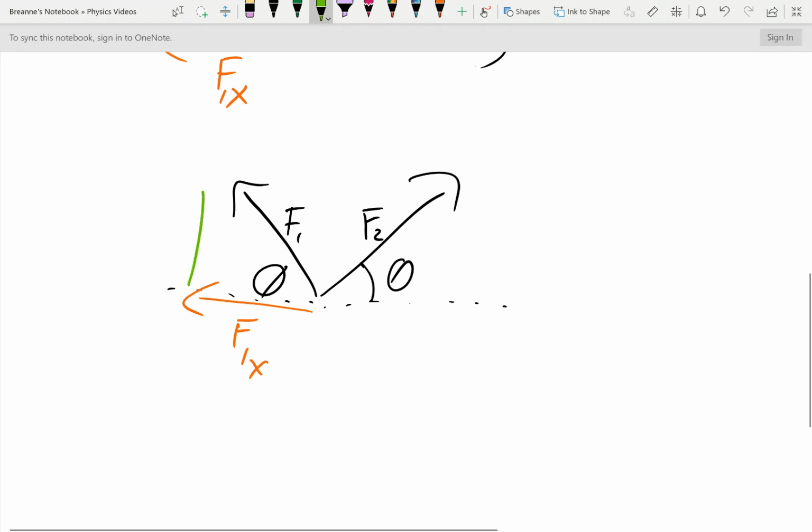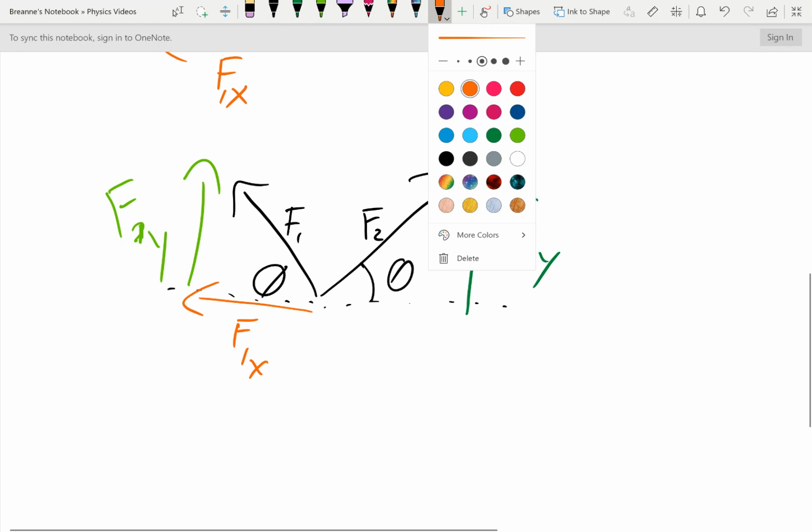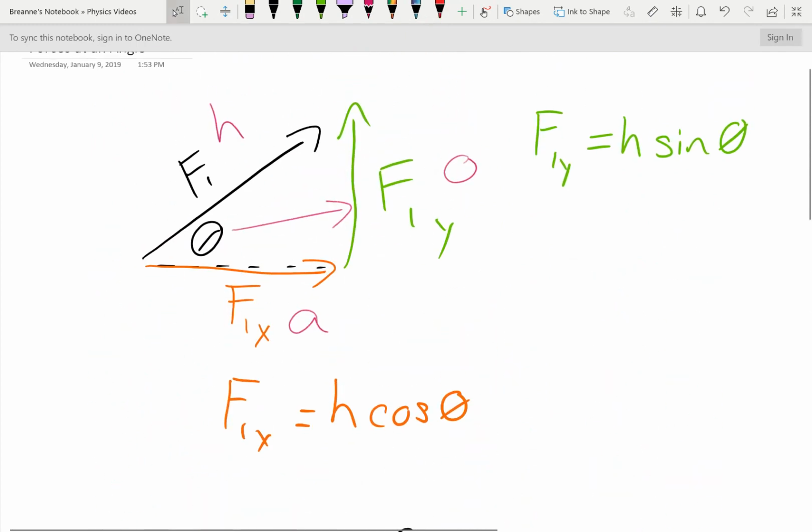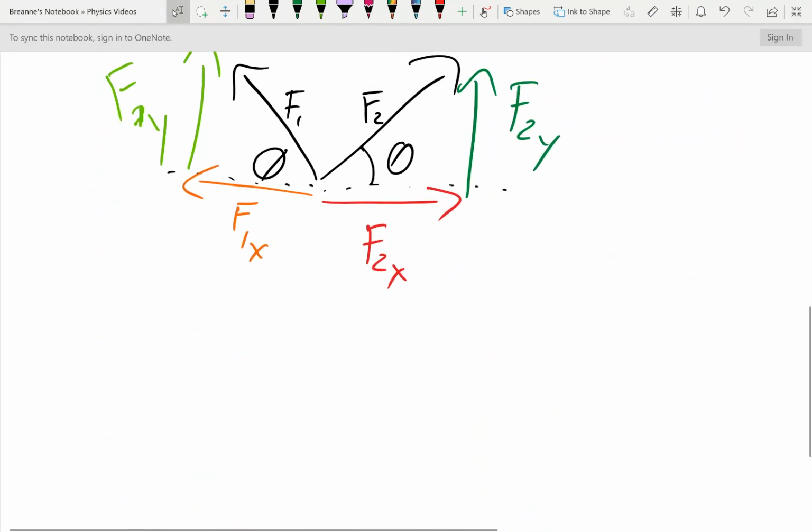F1x, you have f1y, f2y, and then you have f2x. So you have to do both. And again, you'd go back here and use sine and cosine. So you'd end up doing it 4 times.